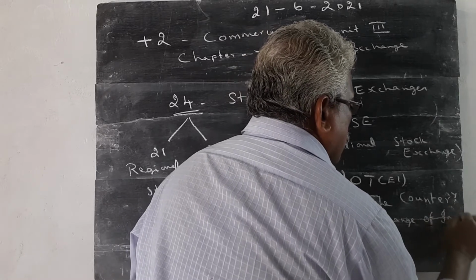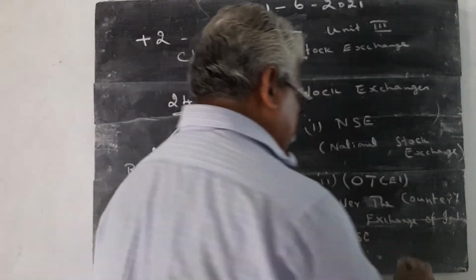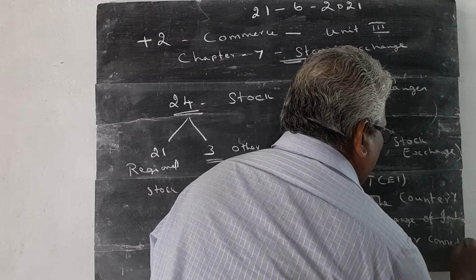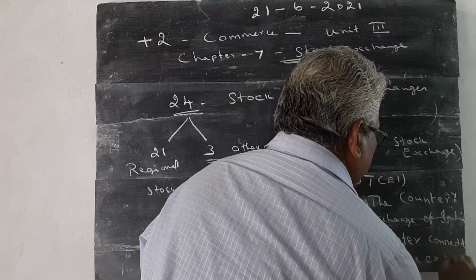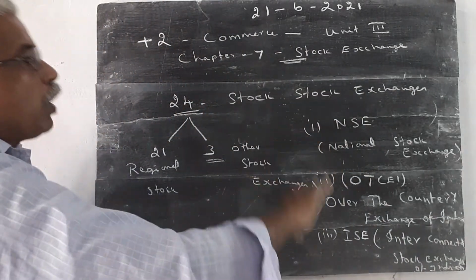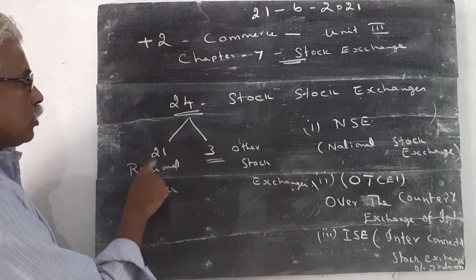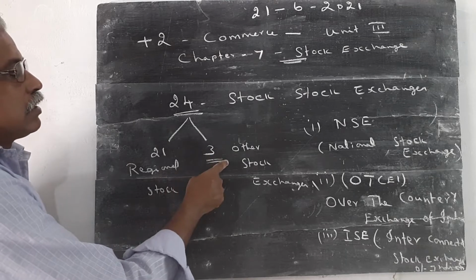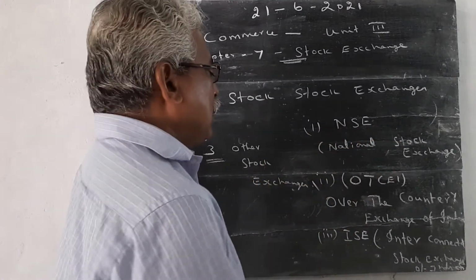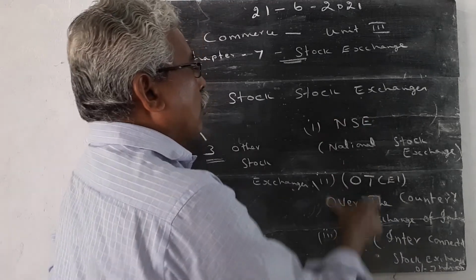Then another stock exchange is ISE, Interconnected Stock Exchange of India. These are all the three important stock exchanges in India. In India, there are 24 stock exchanges. Out of these 24, 21 are regional stock exchanges, and 3 other stock exchanges also in India. These are all the 3 popular stock exchanges in India.